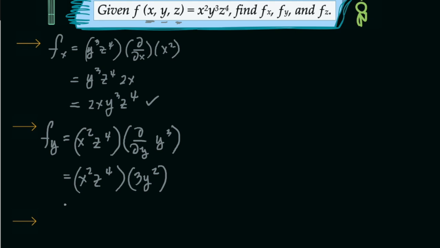Finally, the answer will be 3x squared y squared z to the fourth. This is now our value for f sub y.